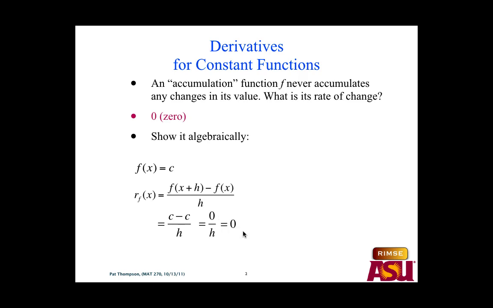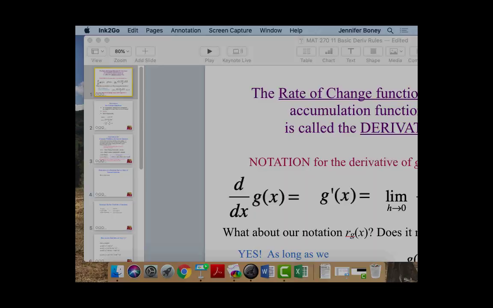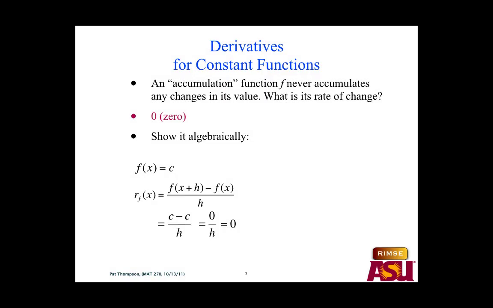Or notation-wise, and I turned off my little scribbly tool here a second ago. Notation-wise, let's see. No, doesn't want to work for me today. Let's see if it'll work anyway. Nope. I can say that the rate of change of function f is 0. I could say f prime of x equals 0.